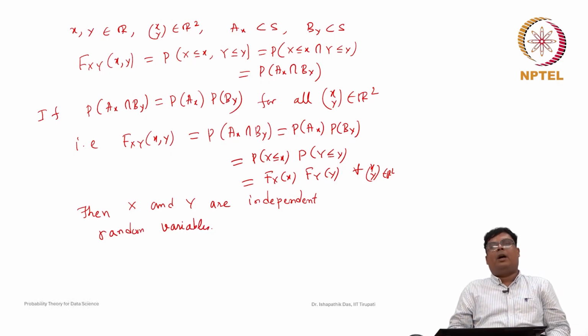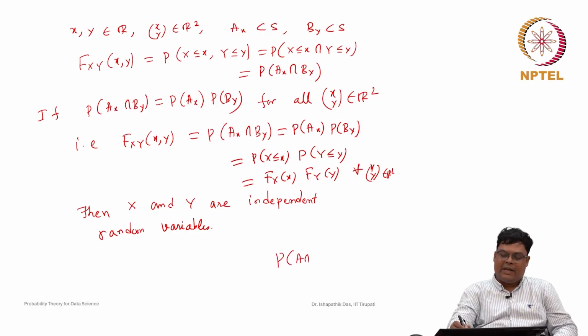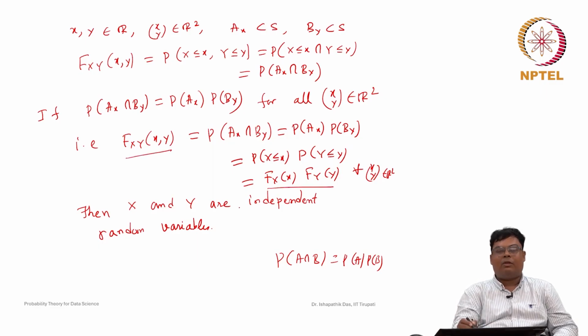We know the definition of two events A and B being independent: A intersection B has probability P(A) times P(B). But here x and y are also involved. For a particular x and y it may be true, but then we cannot say that the random variables X and Y are independent.